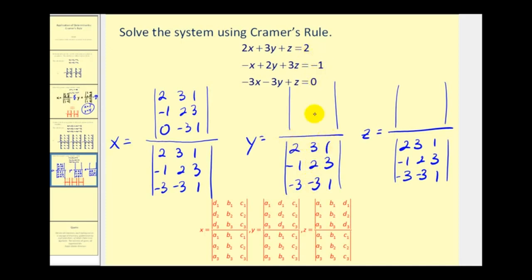Column 1 and column 3 will stay the same. And for the numerator of z, we'll replace the z coefficients with 2, -1, and 0. And the first two columns stay the same.